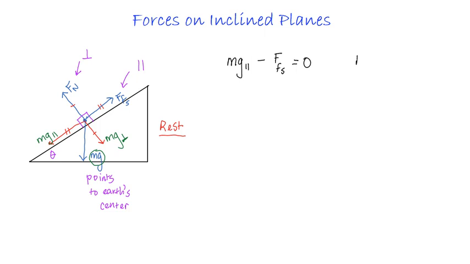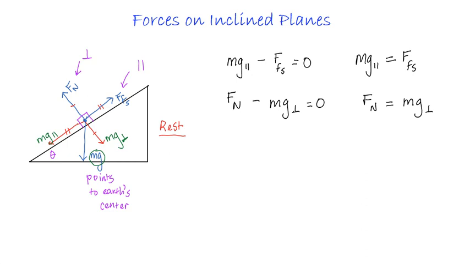In other words, the mg parallel component is equal to the static friction component, and that's why the object's at rest. We can also say that the normal force minus the mg perpendicular component has a net force of 0, or in other words, the normal force is equal to the weight component pointing into the incline.